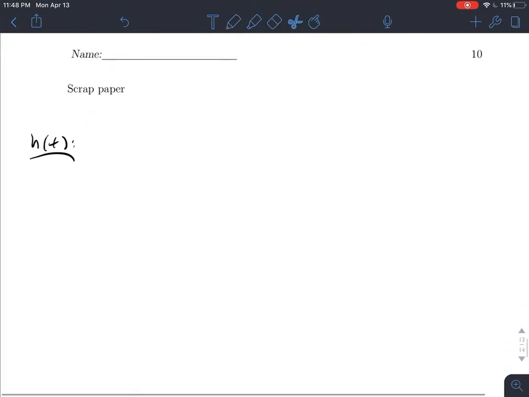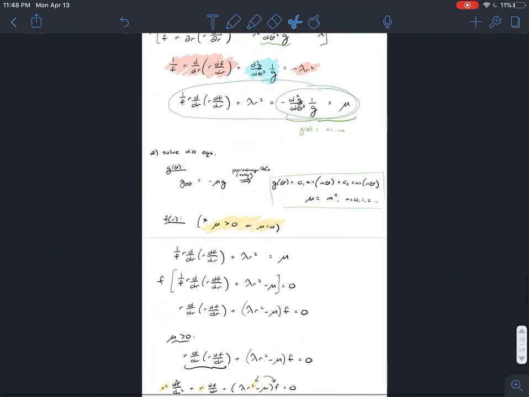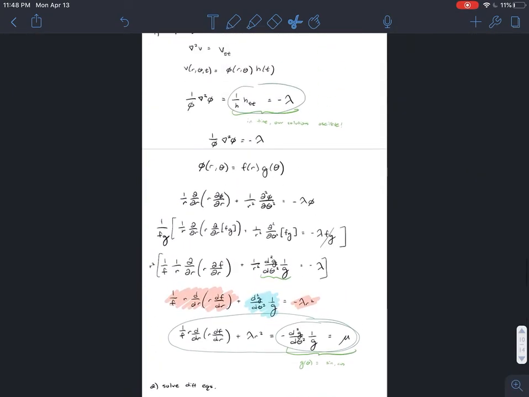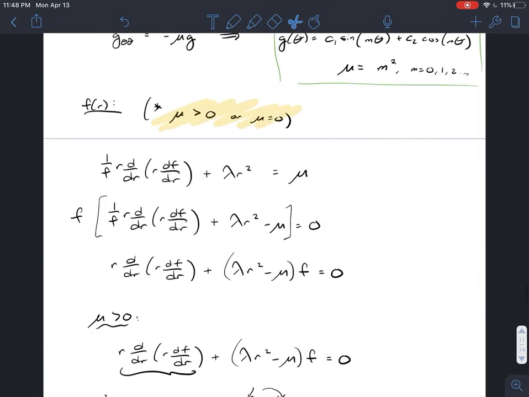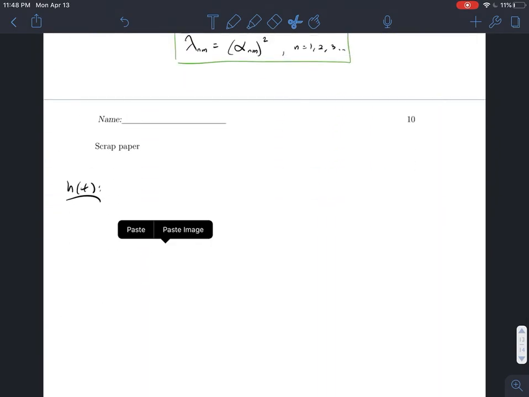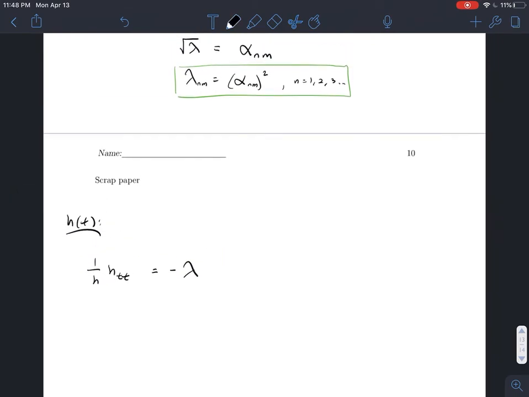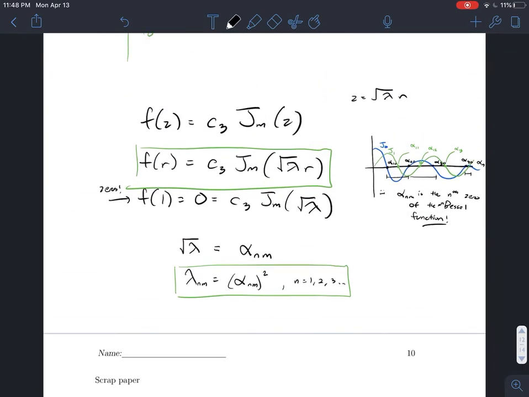H of t should probably be the easiest. So let's just go quickly back up to find out what h of t actually was. Here. And note that we already know the values of lambda. So lambda is always going to be greater than 0 in this problem, right? Because the zeros of the Bessel function aren't going to be 0 necessarily.